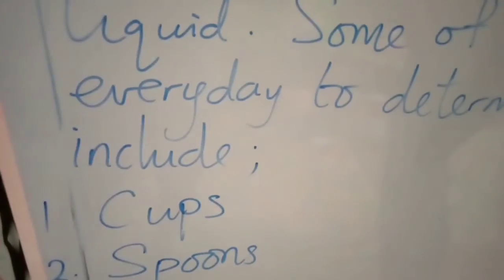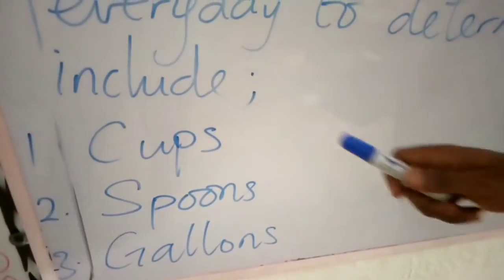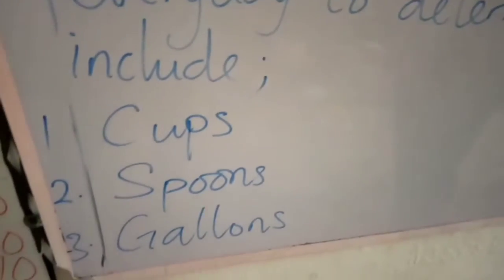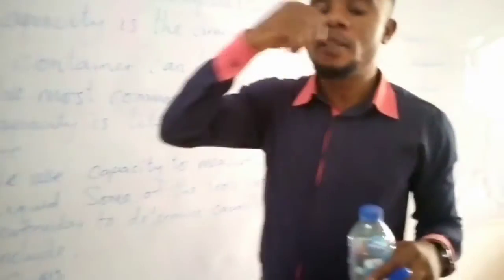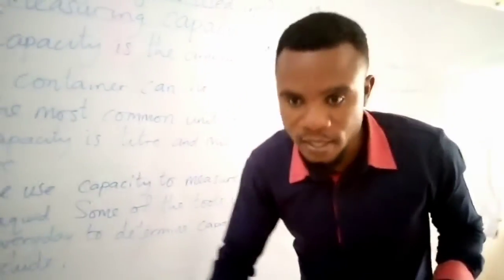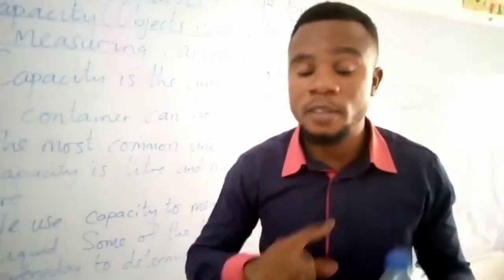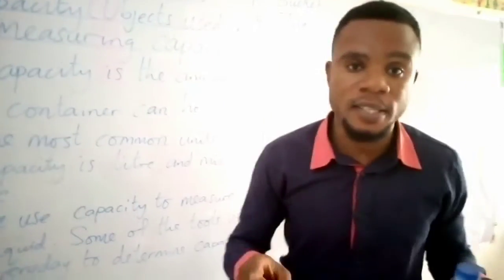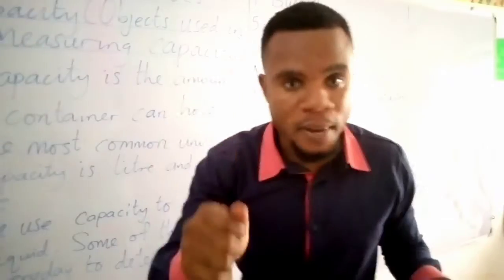You can't fill it beyond the capacity, it will pour over. So you have to fill it based on the capacity. Number two is spoons. You use a spoon to sip your tea. A teaspoon or any form of spoon is a form of capacity, even the one your mom used in cooking.